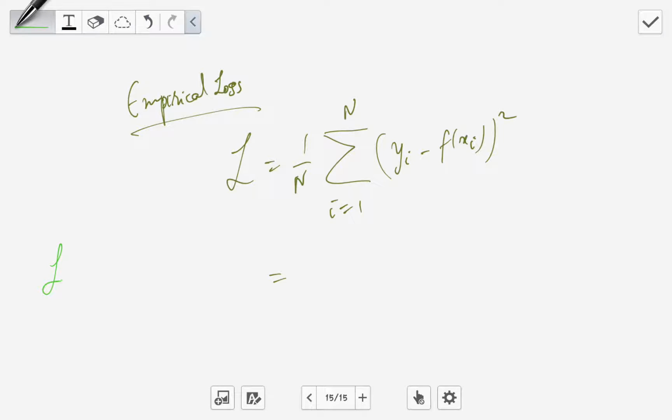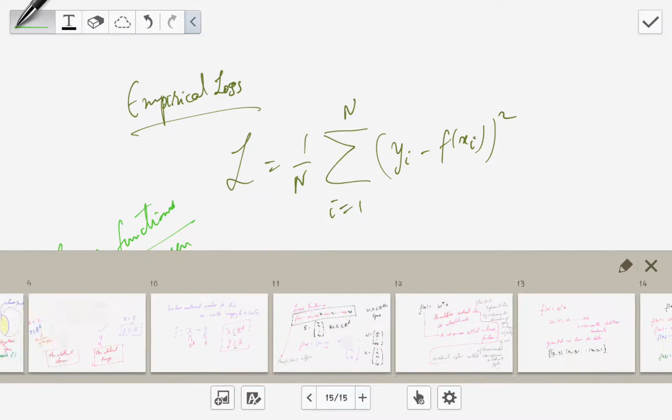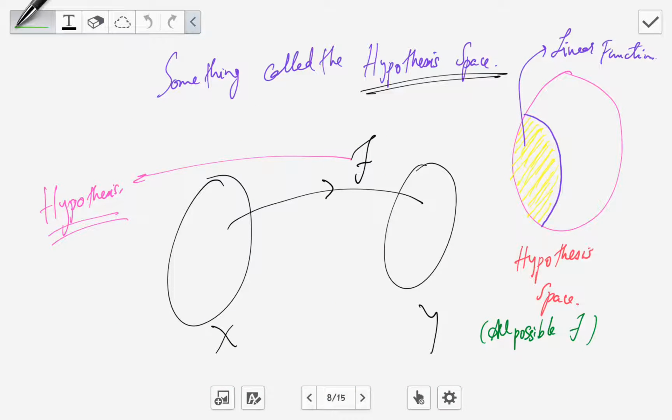Linear functions are to be chosen from the hypothesis space. This is the constraint that we put in. Do you understand that? This was that constraint. Linear. We only want linear functions to be picked up.